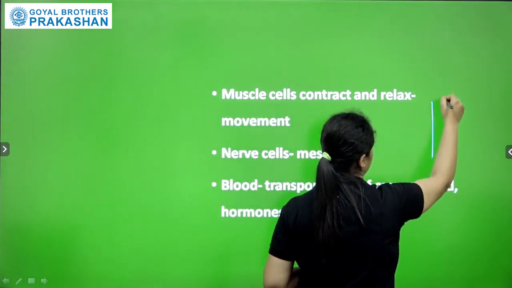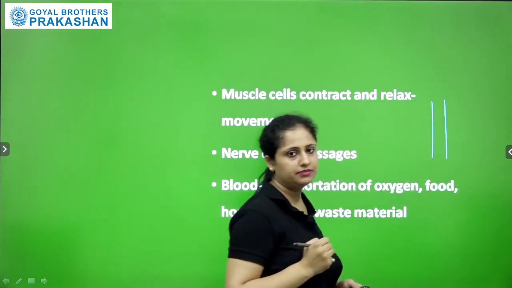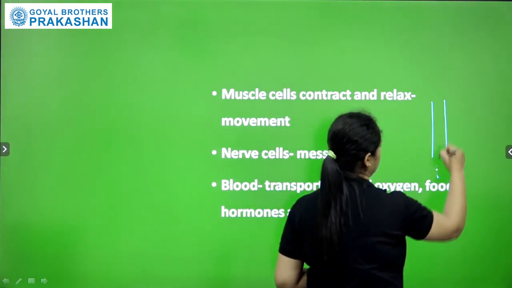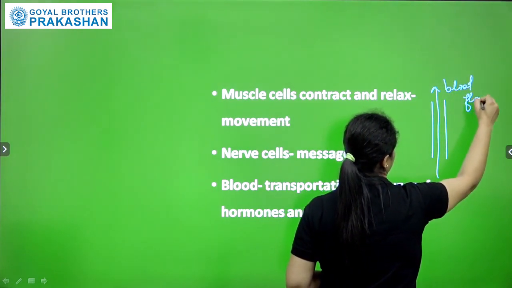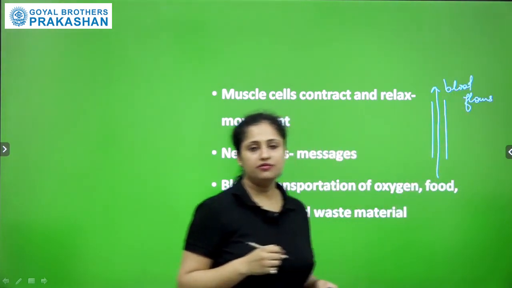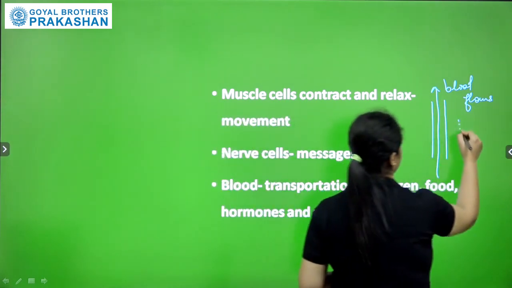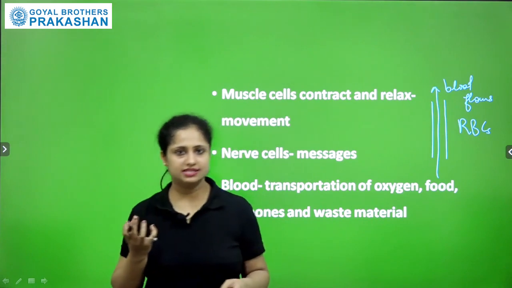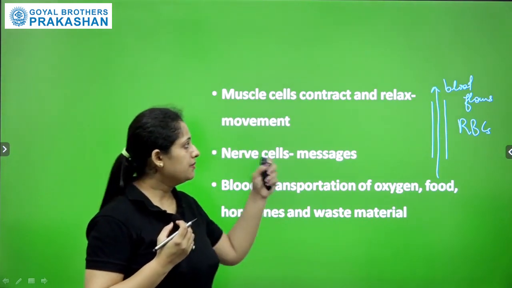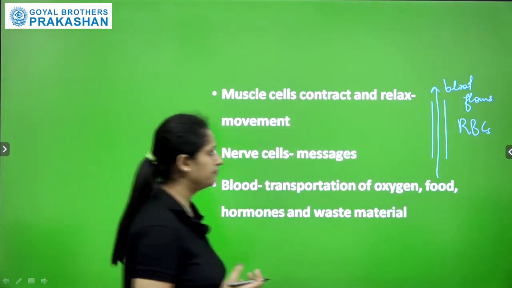Now, moving further, let's say this is our blood capillary. In our blood capillary, the blood flows, or we can say the red blood cells also flow inside. They bind hemoglobin.